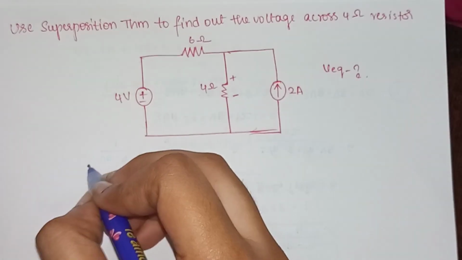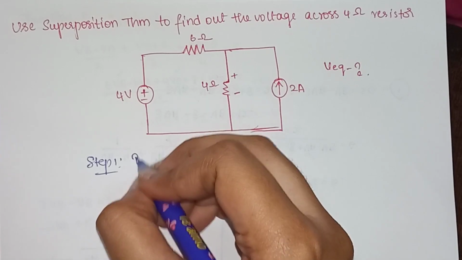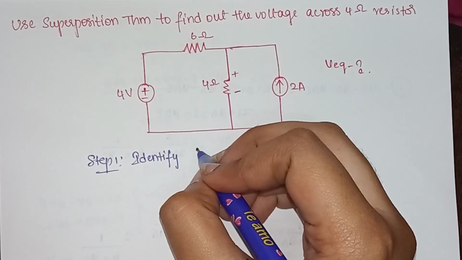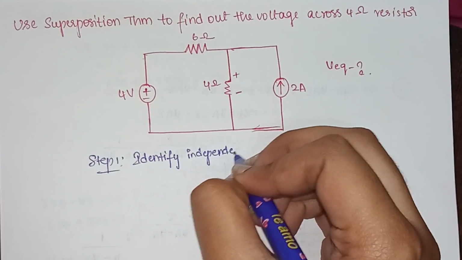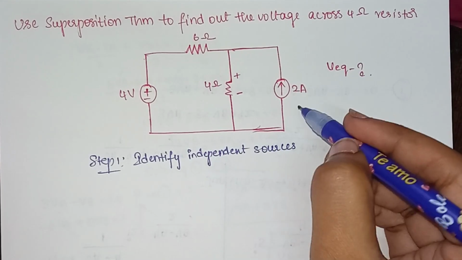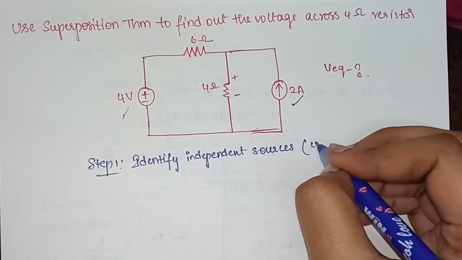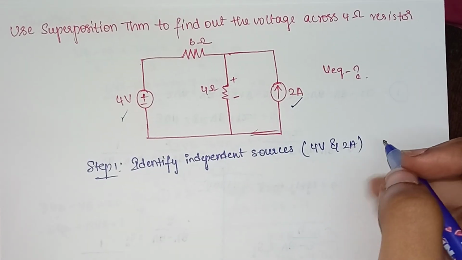Here your independent sources are 2 amperes of current and 4 volts. So we have 4 volts and 2 amperes of current as our independent sources.